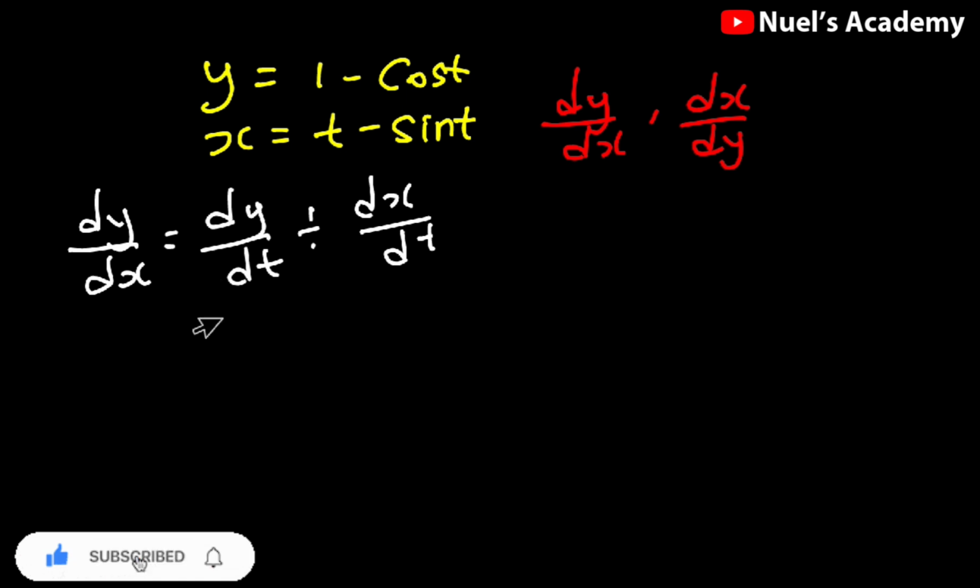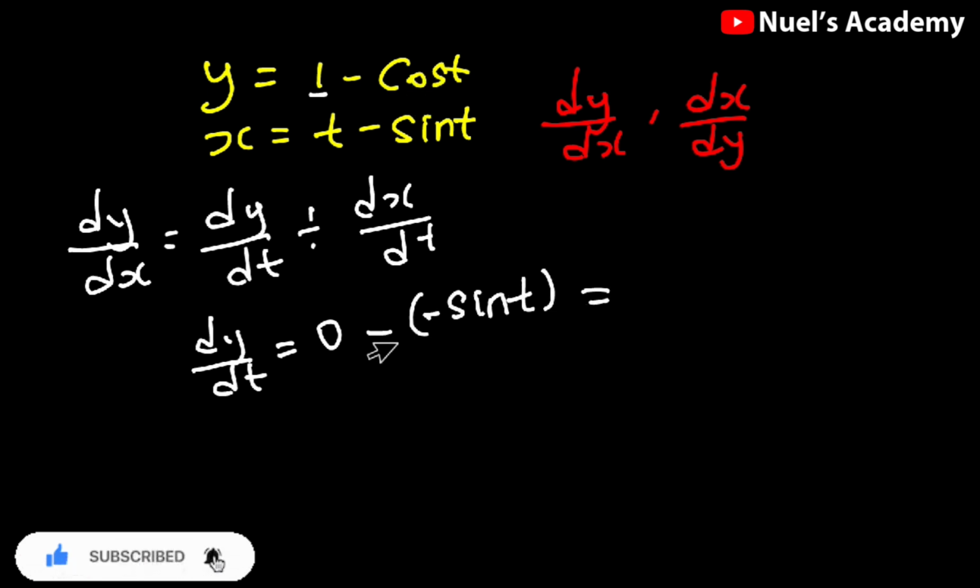So let's find dy/dt. dy/dt is equal to, now this one is a constant, so it's going to be 0. The derivative of any constant is 0. Then we have minus, if we differentiate cos t, we are going to get minus sine t. And so minus times minus is equal to plus, so this one will give us sine t.